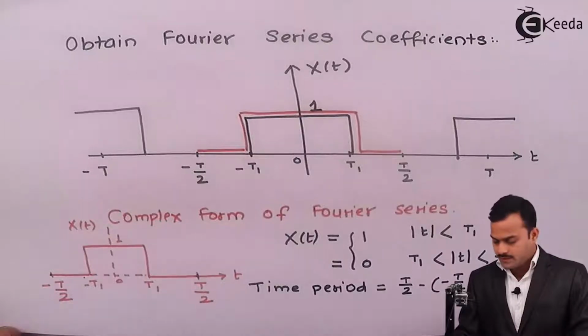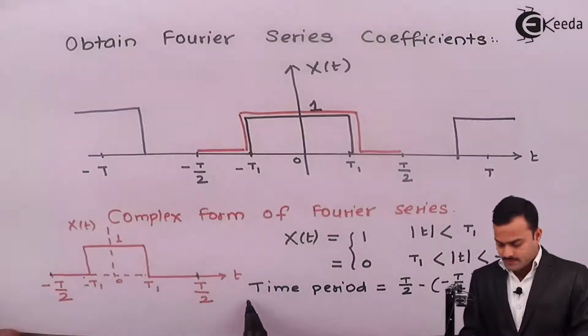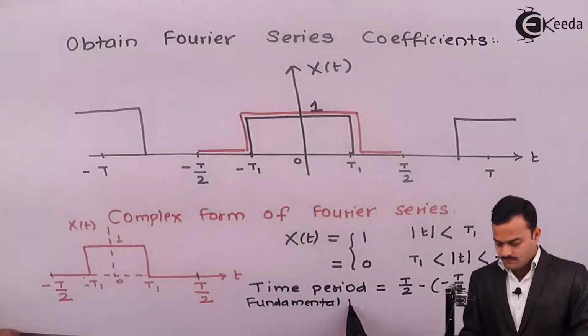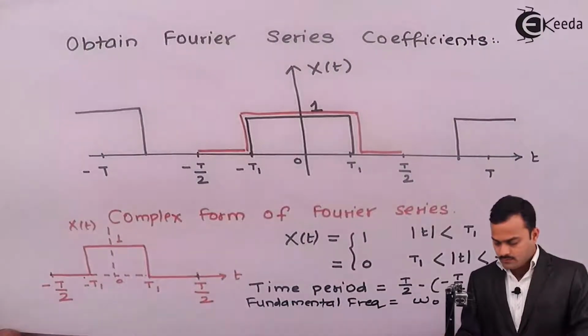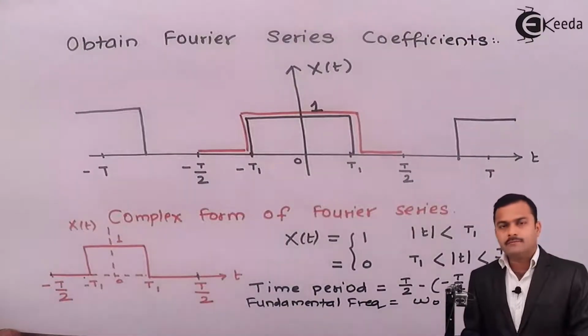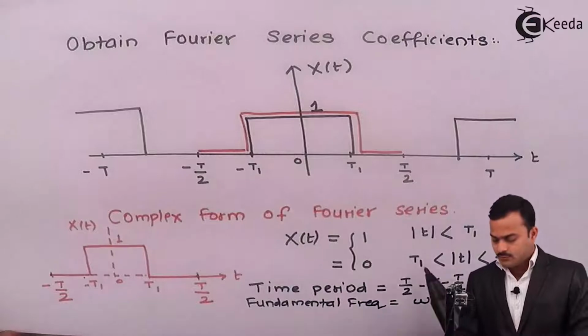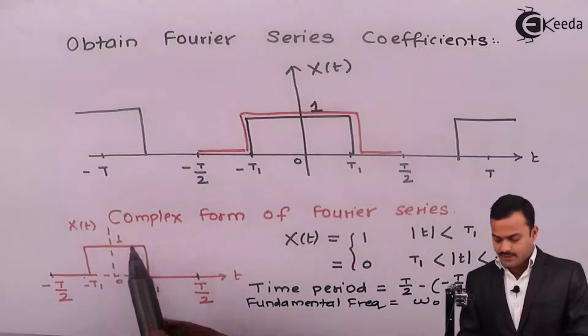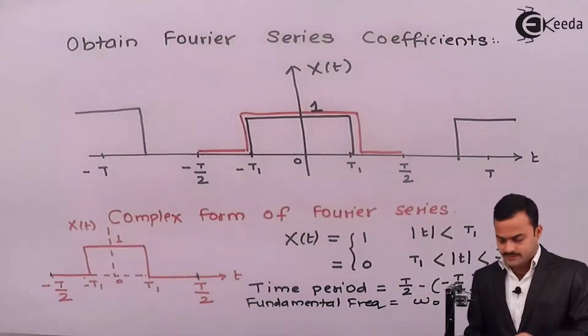If we solve, we will get the time period as capital T. So if the time period is capital T, I can get the fundamental frequency omega 0, nothing but 2 pi upon the fundamental time period, which is capital T. This is the most important part we are getting. Now we can proceed further for writing a complex form of a Fourier series.